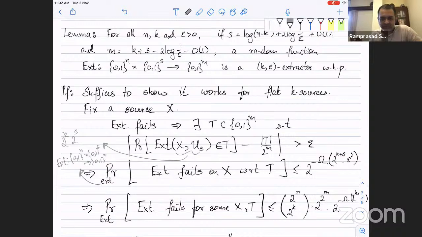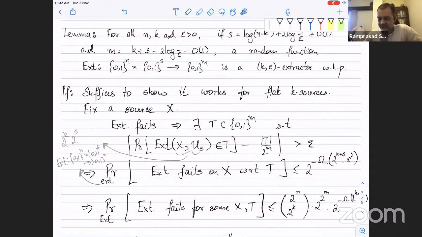I'm just saying that the goal was to construct an extractor, so I'm supposed to construct such a function. Let's just pick this function at random among all possible functions, and ask what is the chance that we get lucky and it actually happens to be an extractor? So was that okay? Yeah.